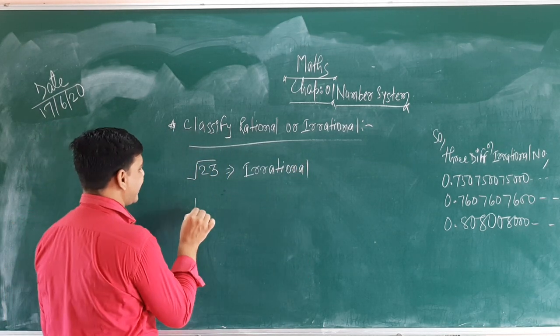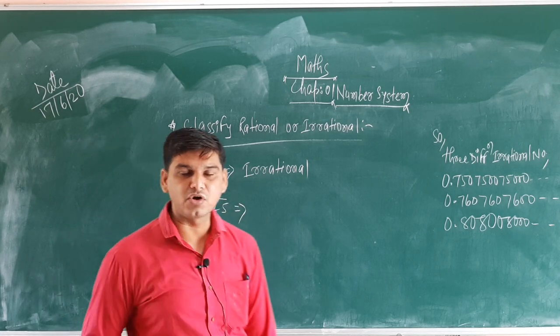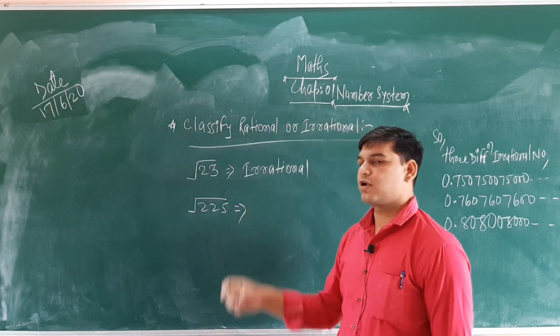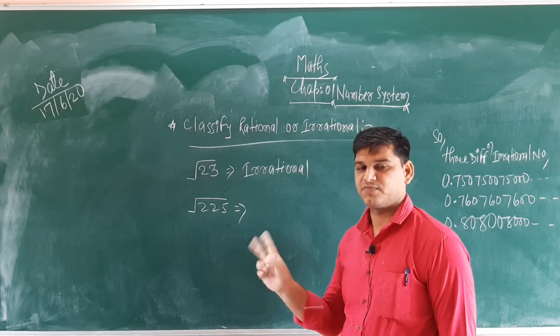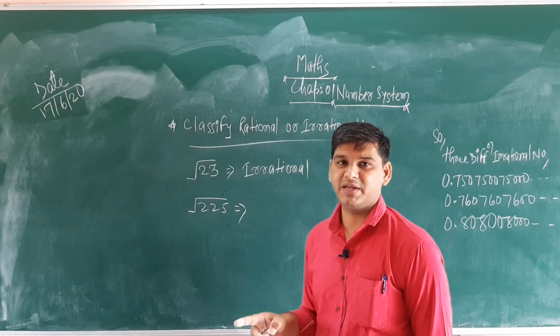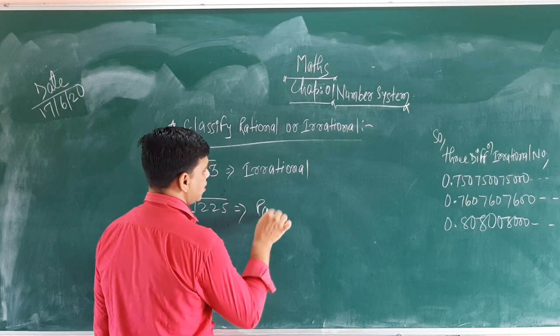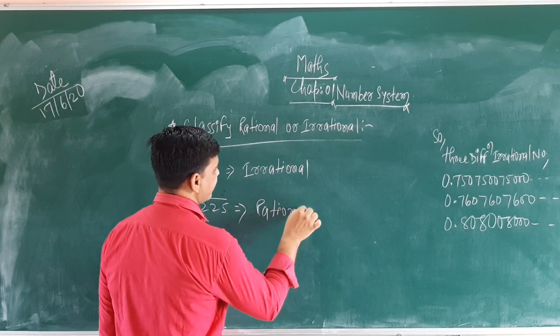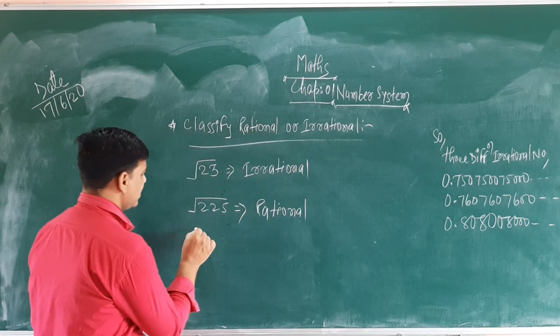But if I write the square root of 225, what is it? The square root of 225 is 15. So 15 is 15 by 1, which is called a rational number, because you have to find the perfect square of these numbers.